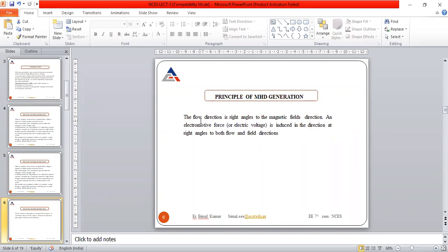An electromotive force is induced in the direction at right angle to both the flow and field direction. This is the right hand thumb rule. As per that, your forefinger gives you the direction of the field, thumb gives you the direction of the motion, and center finger gives you the direction of the current.